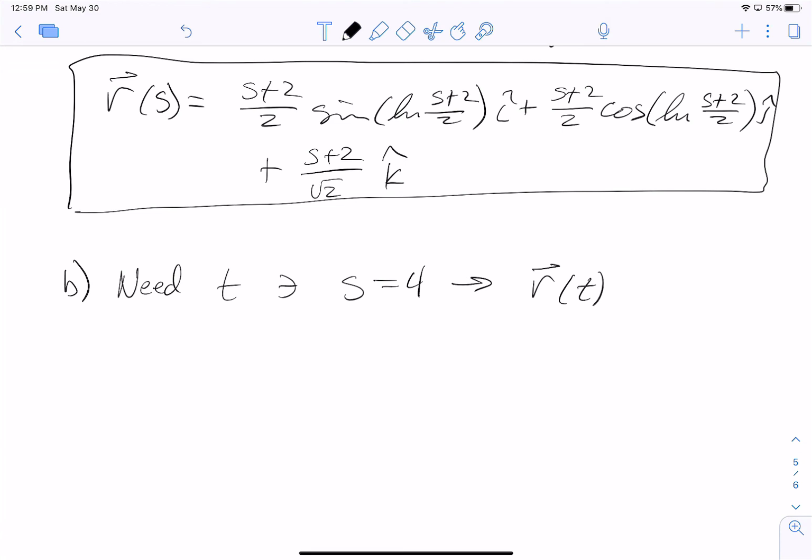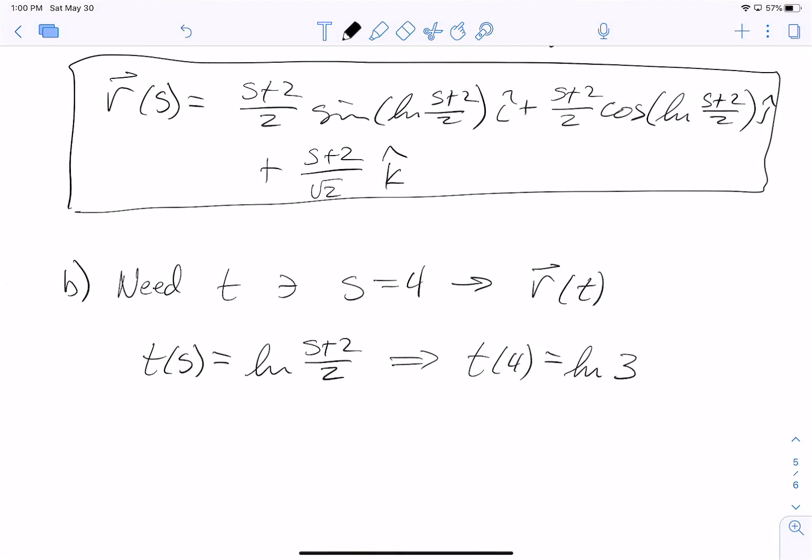Reminding ourselves that the arc length function that we came up with was s of t, and that the parameter in terms of arc length is t of s equal to the natural log of s plus 2 over 2, it follows that t of 4 is going to be the natural log of 4 plus 2 over 2, or natural log of 3.